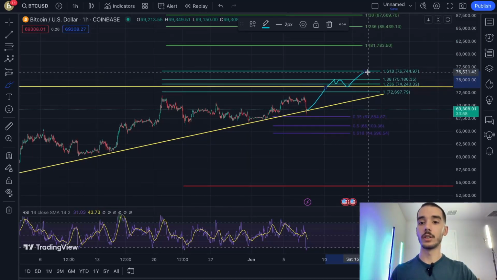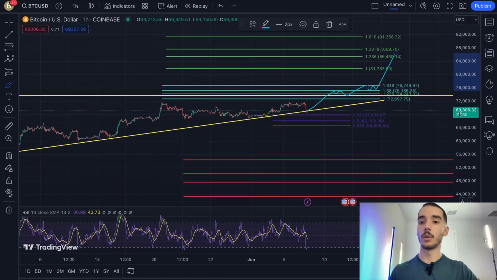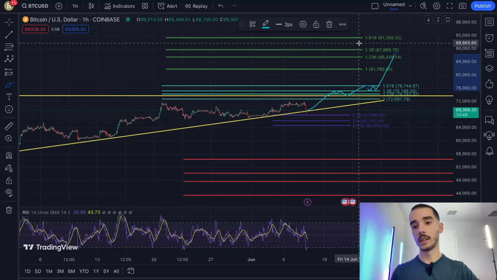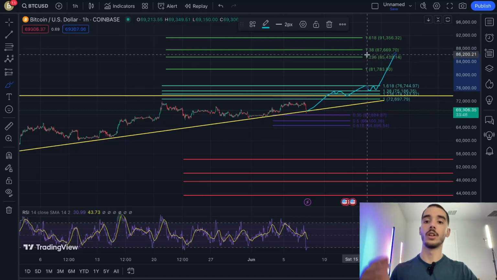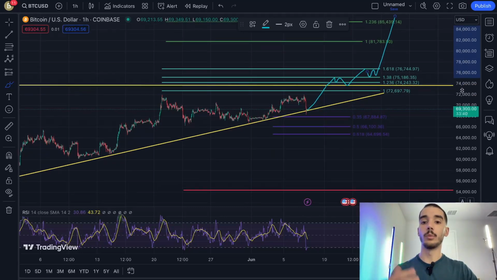Continued consolidation in this area, then a break above it, will bring us finally into our $85,000 to $90,000 range on this green Fibonacci extension area. So that's for the bull case.